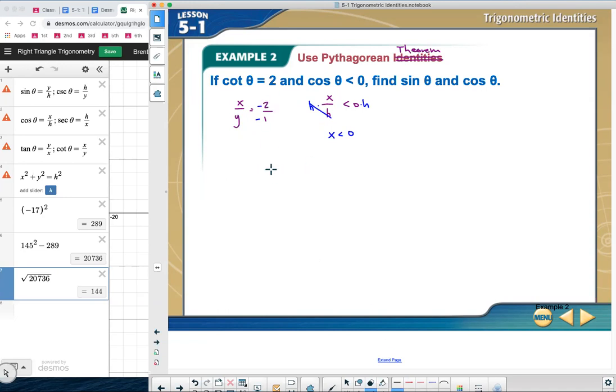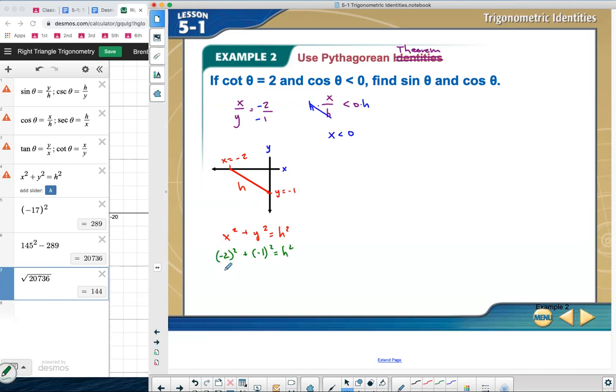So if I wanted to solve this, my x should go left 2 units, my y should go down 1 unit. And our hypotenuse, we don't yet know. Let's make that y equals negative 1. This is x equals negative 2. And our h we could solve using the Pythagorean theorem. I say theorem this time because that's what I'm using. We have negative 2 squared and negative 1 squared combined.